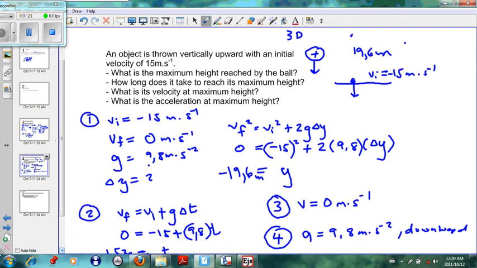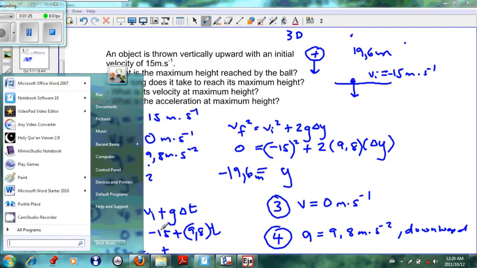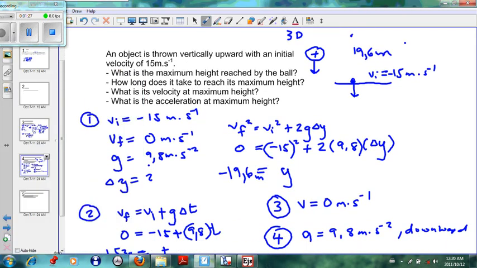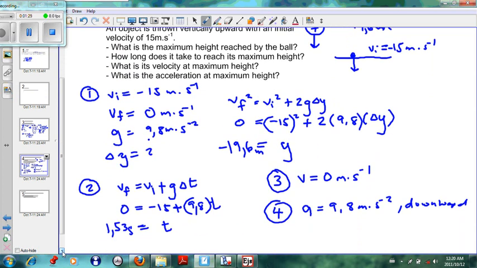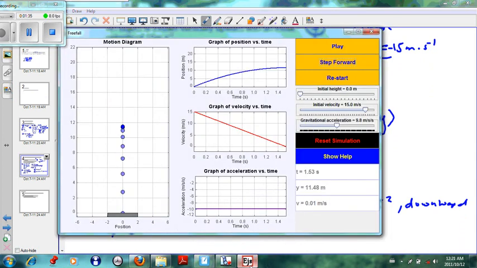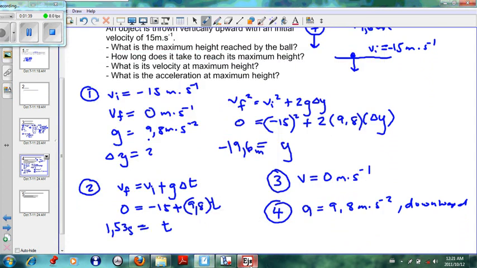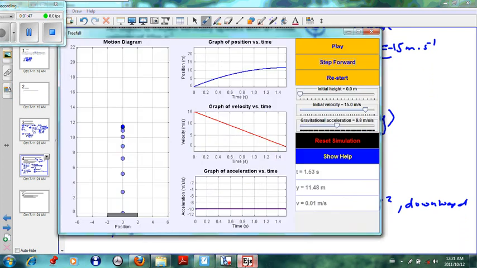If you look at it, we see that our time is 1.53 seconds and our height, according to this, must be 11.48 meters, and we have 19.6 meters. Let me just double check that for us. And actually that is correct, it's 11.48.